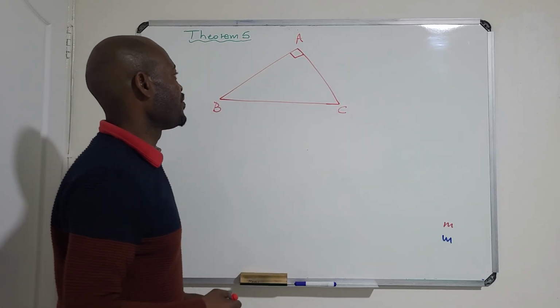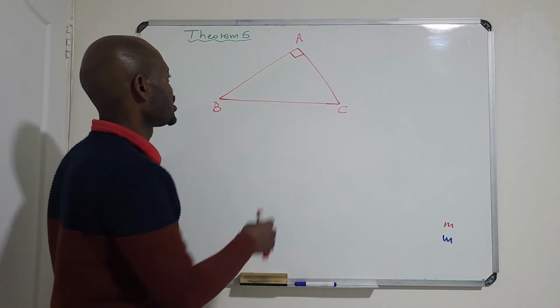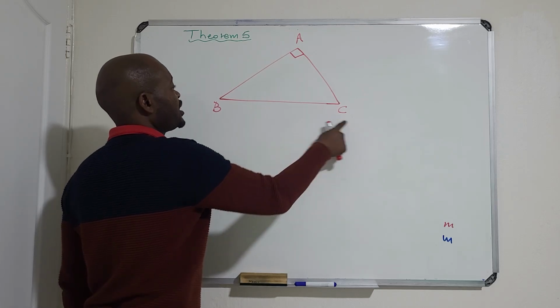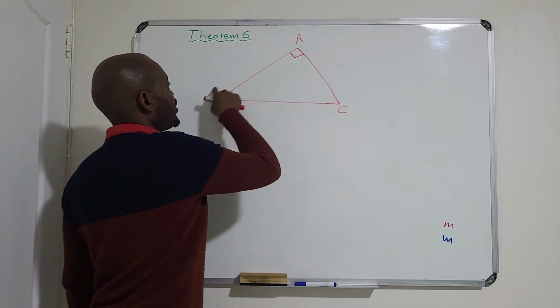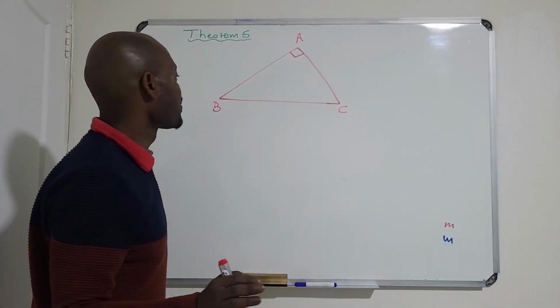That is Pythagoras theorem. Now we want to prove Pythagoras theorem. We want to prove that this side squared is equal to this squared plus this squared. That's what we want to prove in this theorem.